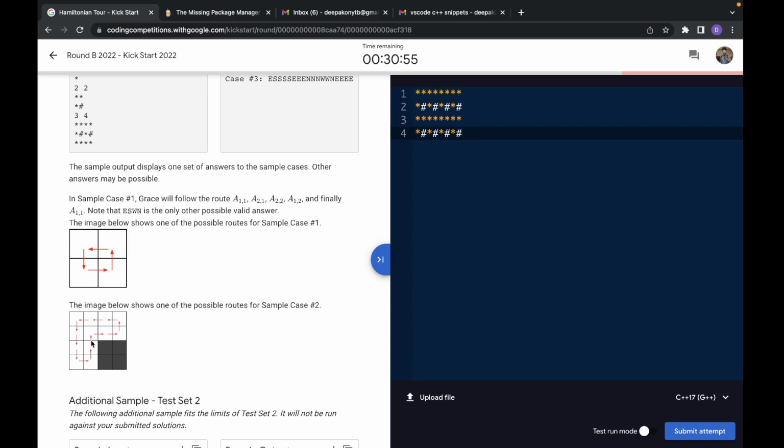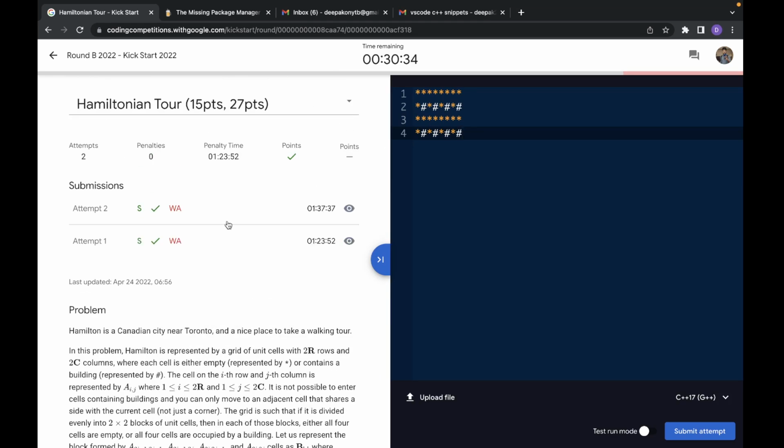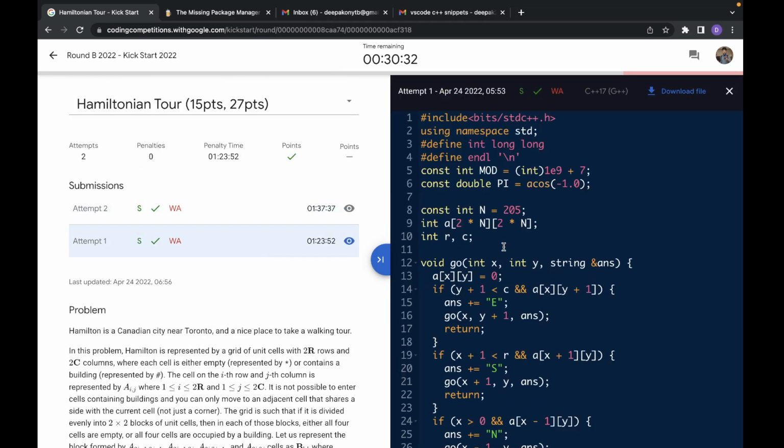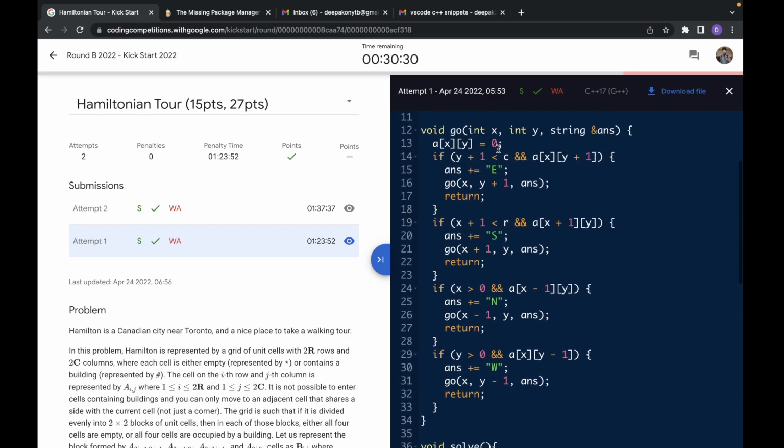So my greedy approach was I go toward the right first, and if it is not possible to go right anymore, you go down as much as possible. Let me just check what I used. So going right was my first priority.